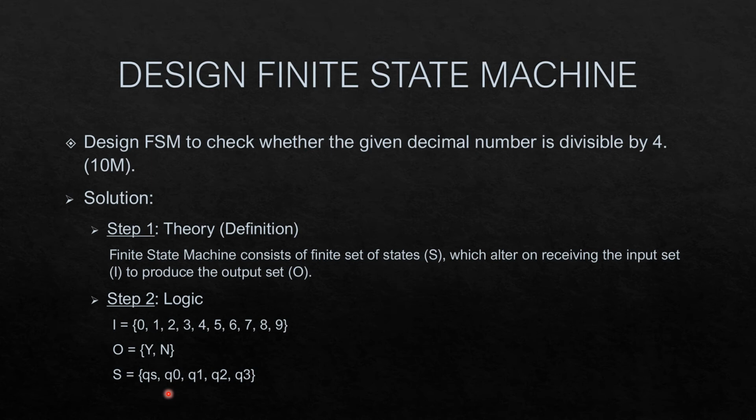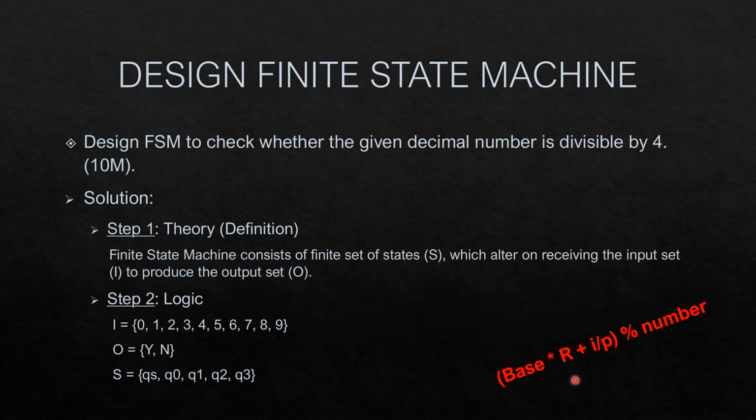Now here Q0, Q1, Q2, Q3 represent the numbers that we can get as remainder when any decimal number is divided by 4. So we can get either 0, 1, 2 or 3 as the remainders when any decimal number is divided by 4.